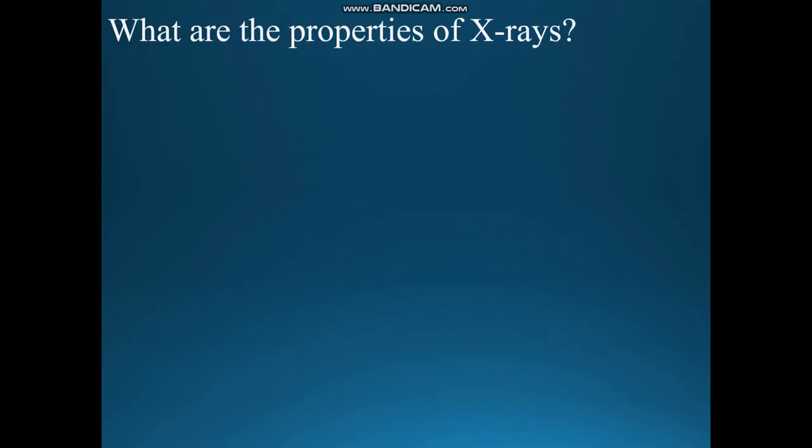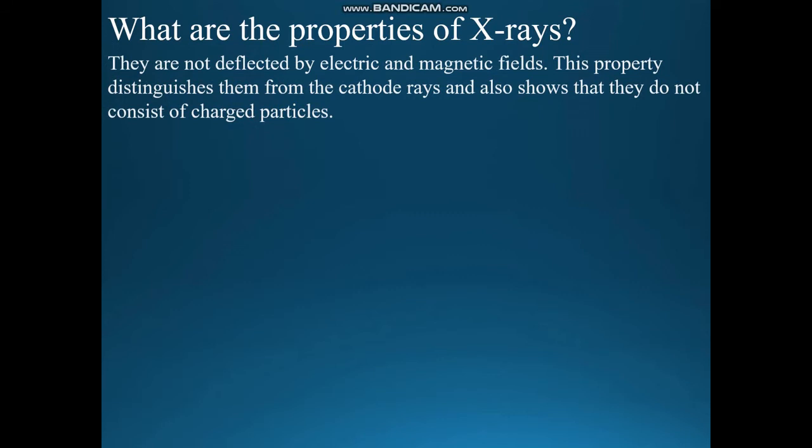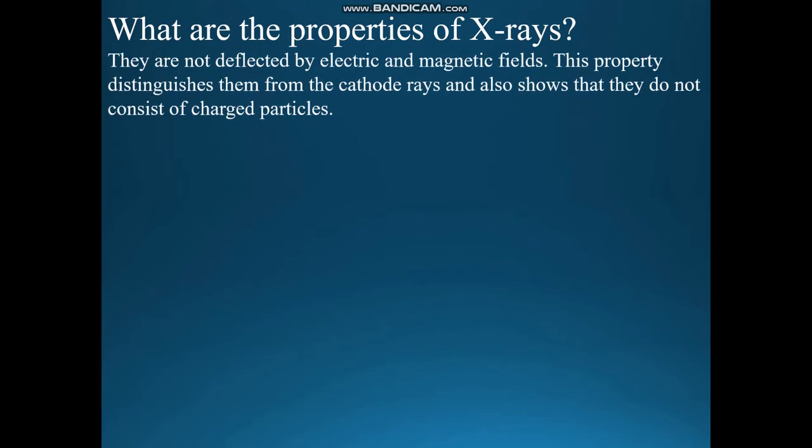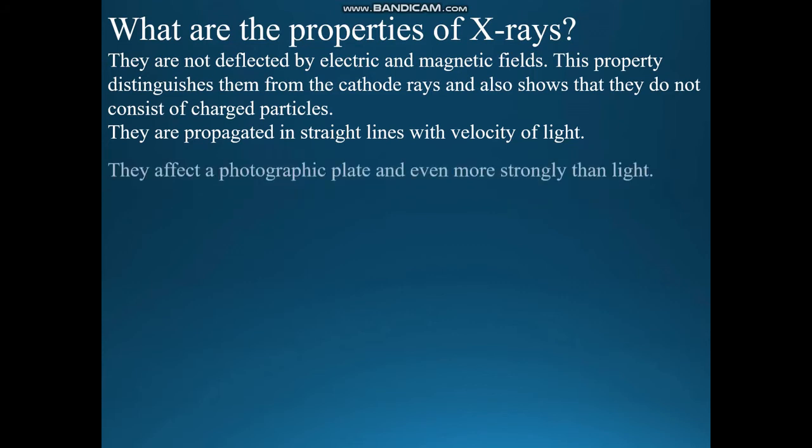Now, let's see what the properties of X-rays are. They are not deflected by electric and magnetic fields. This property distinguishes them from cathode rays and also shows that they do not consist of charged particles. They are propagated in straight lines with the velocity of light.